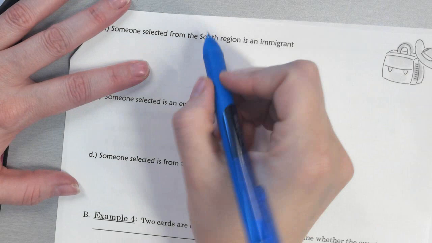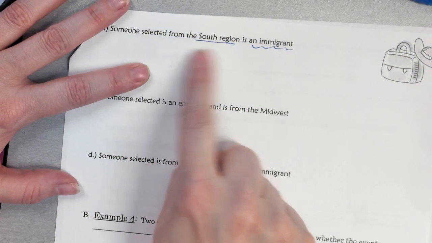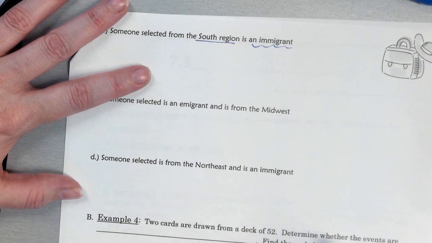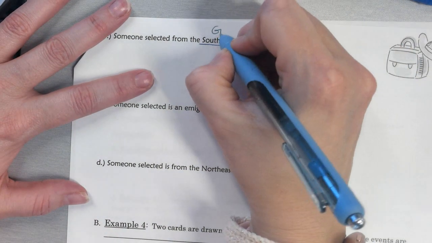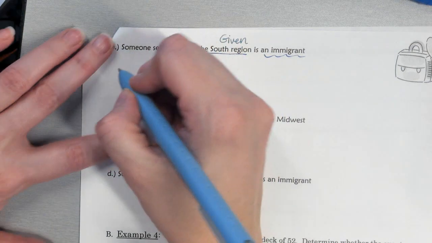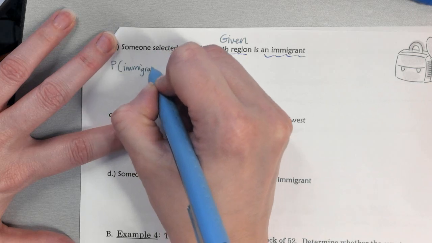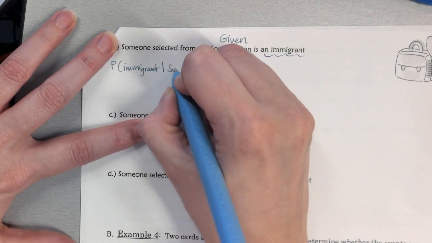So what do you guys think? Which one is given? Yes, so somebody is selected from the South region. That is your given part. So you're finding the probability that a person is an immigrant given that they are from the South.